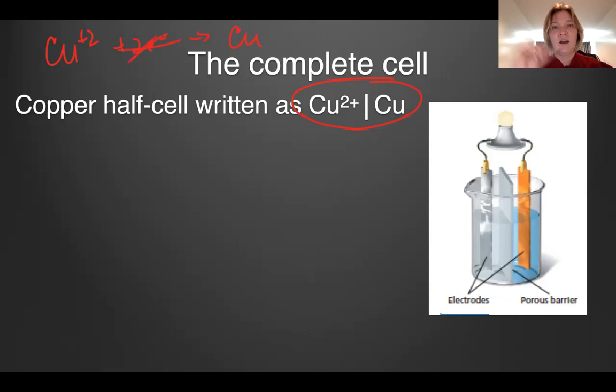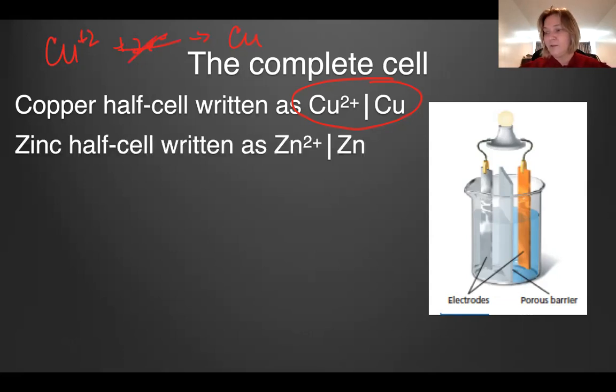So we write the ion, a vertical line, and then the reduced substance. The zinc half cell is written the same way because half reactions are always written as reduction reactions. When we look at standard electrode potential, everything is written as a potential to be reduced. Why they decided on reduction, I don't know. There's a reason for it, or somebody just flipped a coin, but half cells are written as reduction reactions.